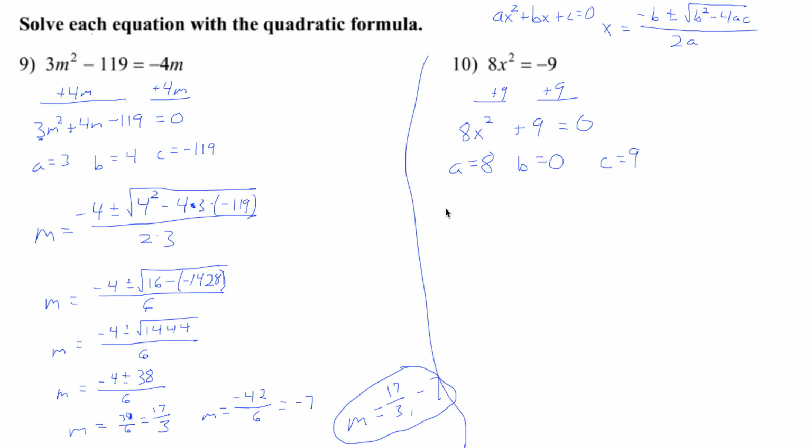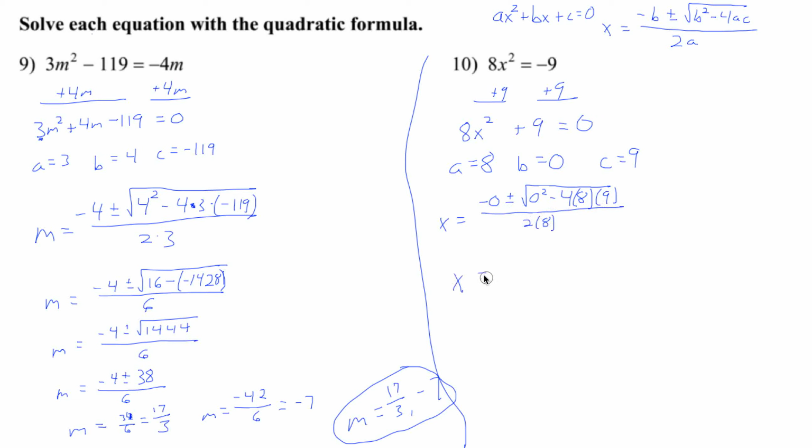So we have x equals negative 0, which is just 0, plus or minus the square root of b squared, so 0 squared, minus 4 times a, which is 8, times c, which is 9, all over 2 times a.